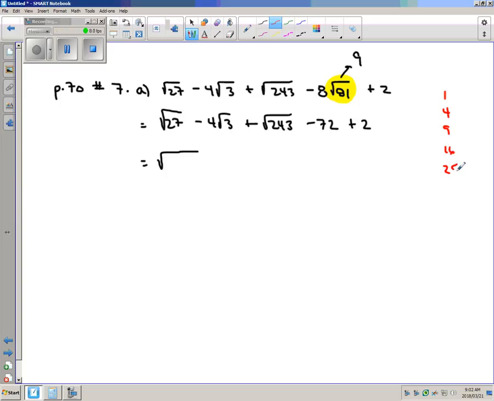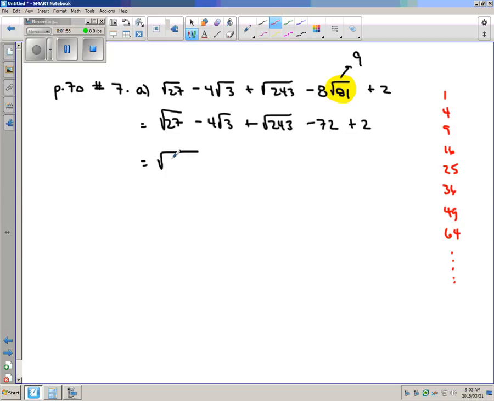How am I generating those? 1 squared is 1, 2 squared is 4, 3 squared, 4 squared, 5 squared, 6 squared, 7 squared. I'm trying to find one of these numbers to go into these.